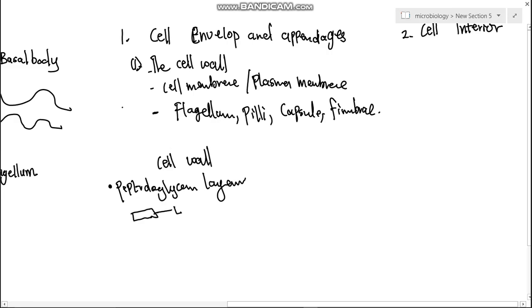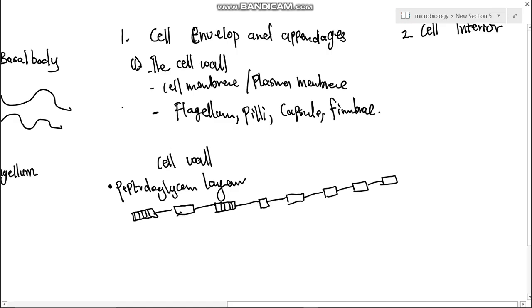The peptidoglycan layer itself is made up of two molecules: N-acetyl glucosamine and N-acetyl muramic acid. And these are cross-linked by peptide bonds.